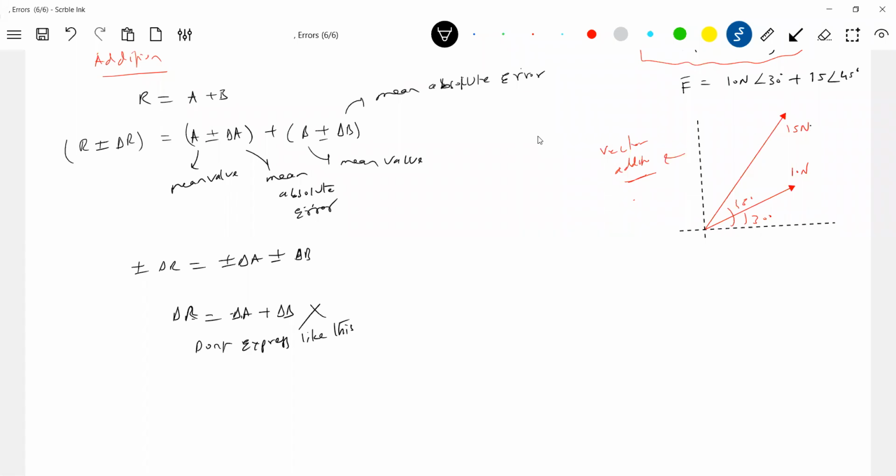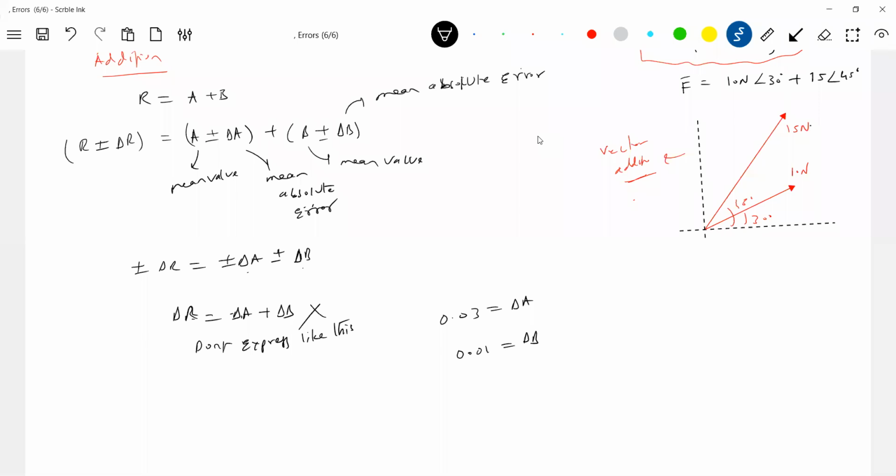Whenever they say find the random error, what should you do? Will you take the difference, delta A minus delta B, or minus delta A plus delta B? Always express the maximum possible random error. Suppose the error in A is 0.01 and the error in B is 0.03. What are the possible errors?